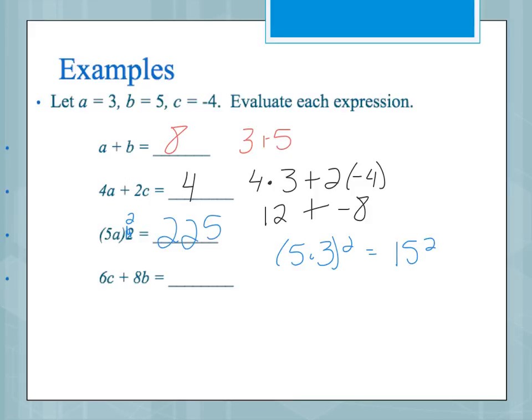And the last example, I'm going to substitute in a -4 for C. I'm going to substitute in a 5 for B. Doing the order of operations, I'm going to multiply before I add. And -24 plus 40, well, different sign, so I'm going to subtract and keep the sign of the bigger number. So I have 16 as my final answer.